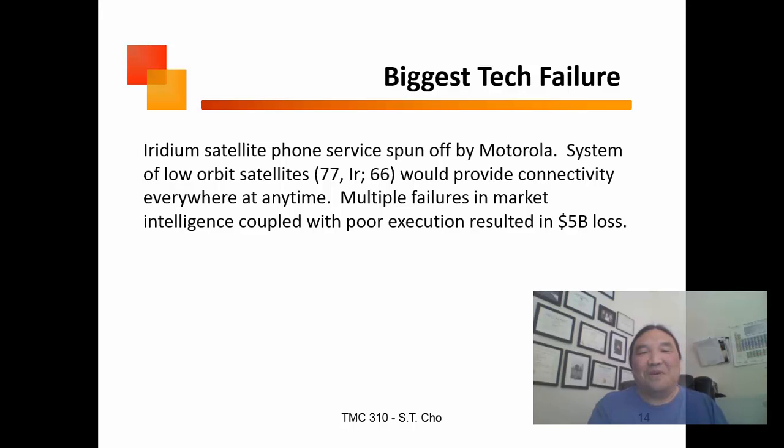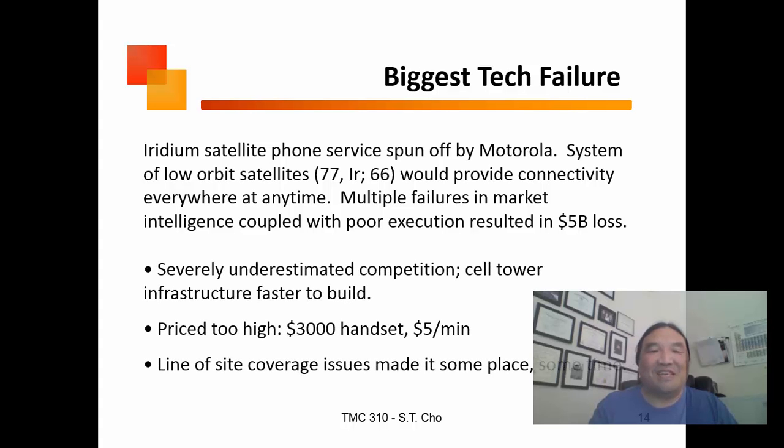Iridium. This was a monstrous marketing research failure. All these people wanted cell phones, and so they put up these low-orbiting satellites. Motorola ultimately took a $5 billion loss on it. The big strategic mistakes they made is they underestimated the competition.